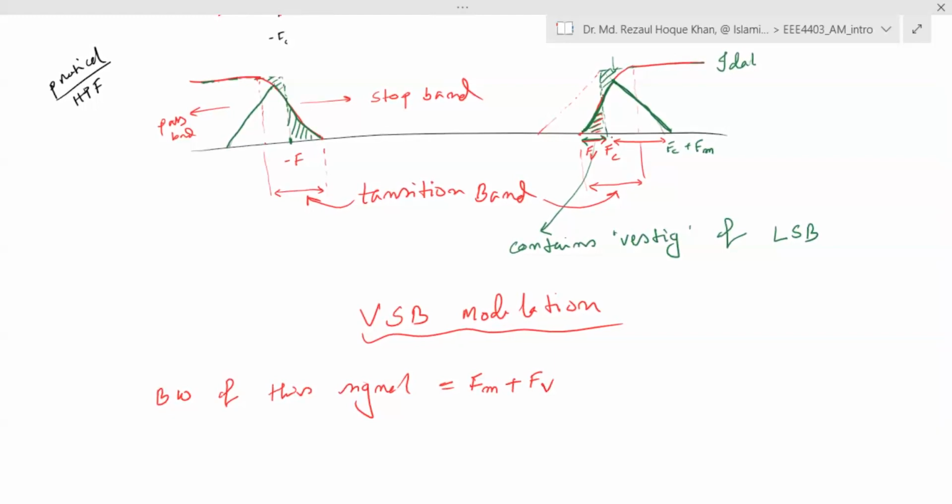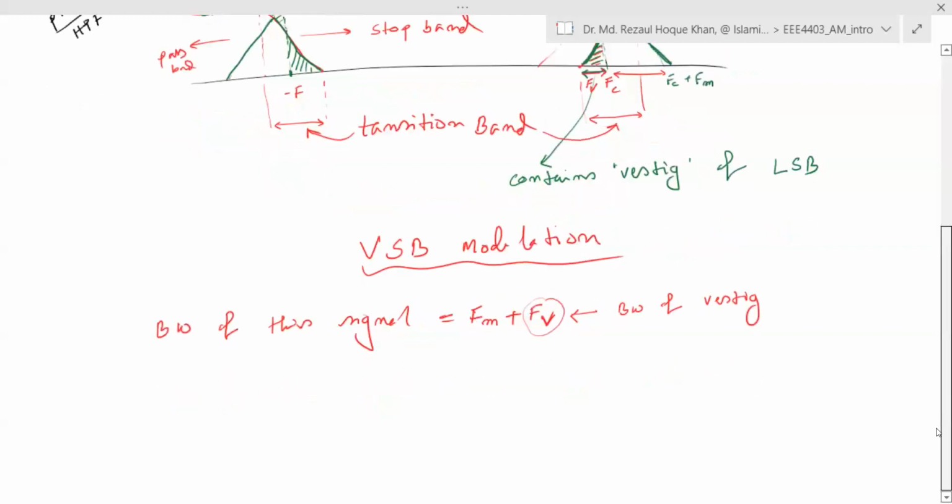So this is the bandwidth. You see, this FV is actually the bandwidth of the vestige, or the additional small portion of the signal.